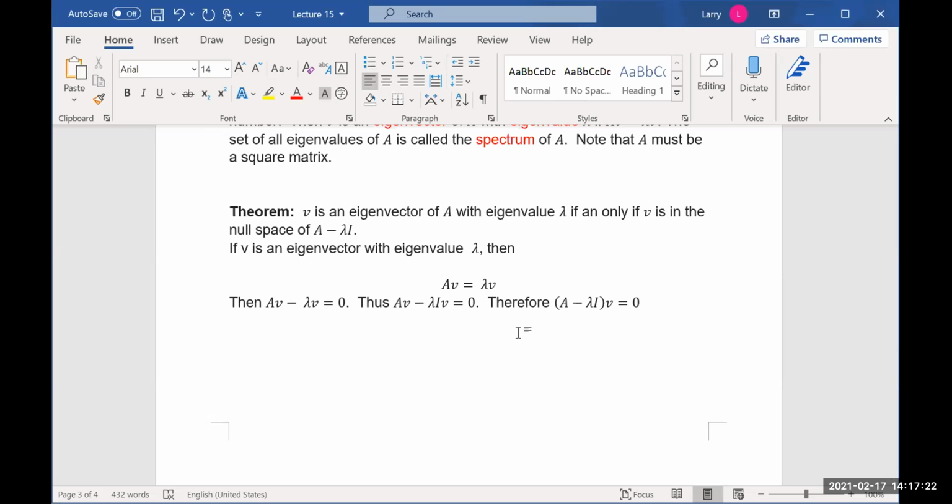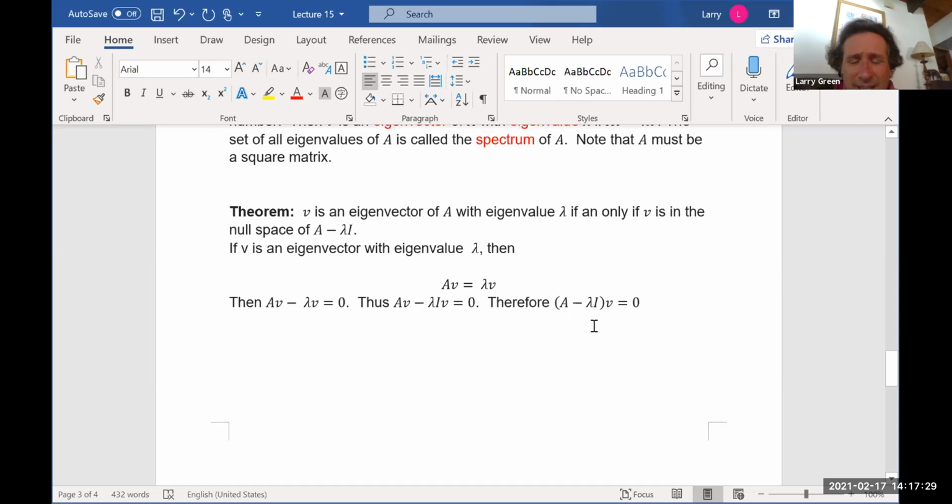Oh, because A minus lambda I equals 0 and V times 0 equals 0. No, you can't do that. That's not true. Be very careful about using rules of algebra. Rules of algebra don't work with matrices. If you have two things multiplied equals 0, it does not mean one of them is 0. The key is you have to look at what our goal is. I think you got lost track of the goal. We need to show V is in the null space of A minus lambda I. What does it mean to be in the null space of a matrix?